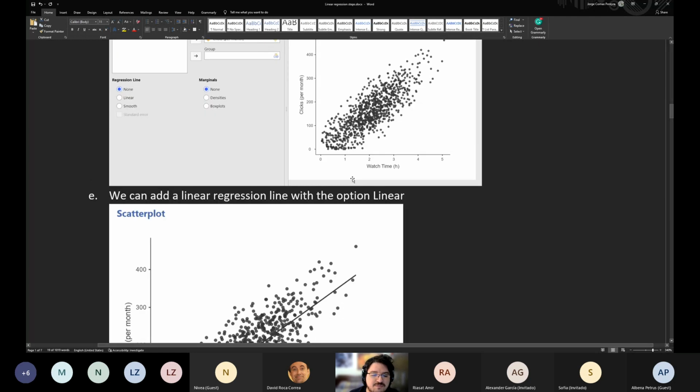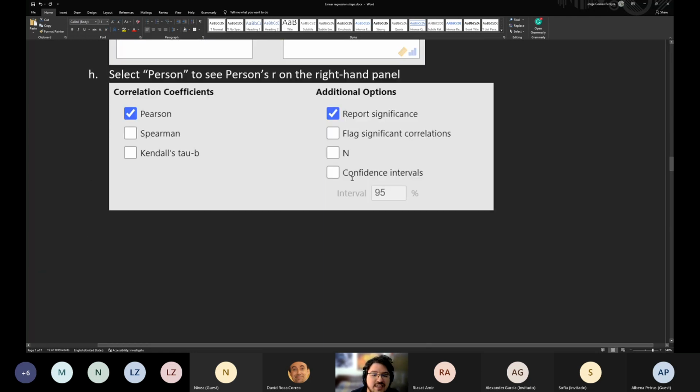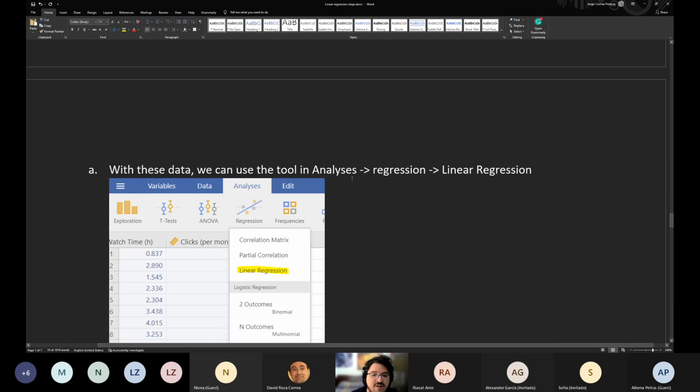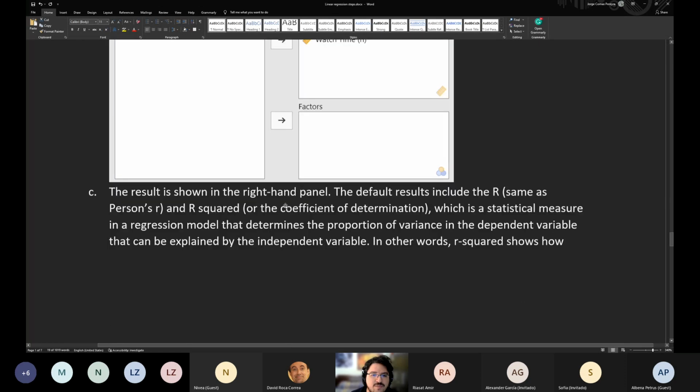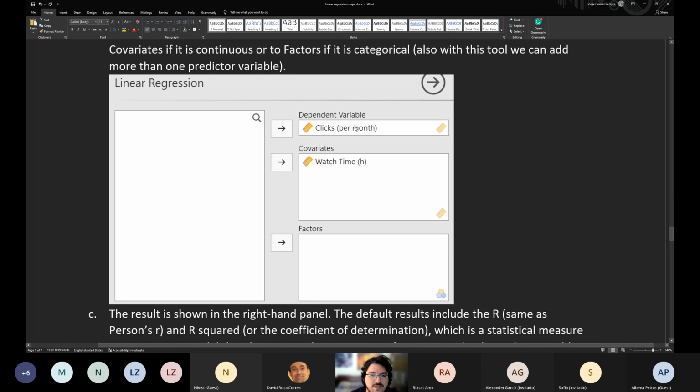So you make a guess, and then in the analysis linear regression tool, you put the variable that you think is a dependent variable in the dependent variable field, and the independent variables in the covariates field.